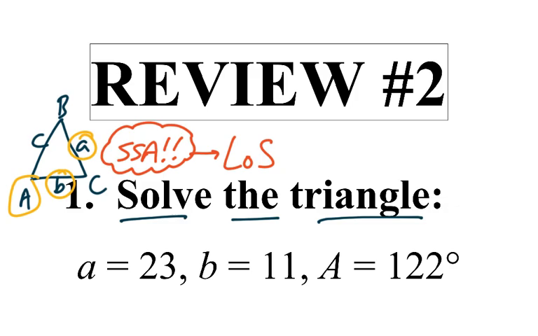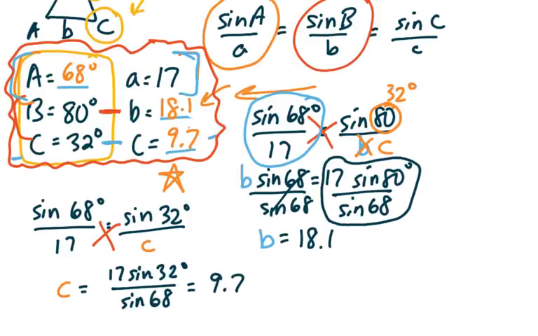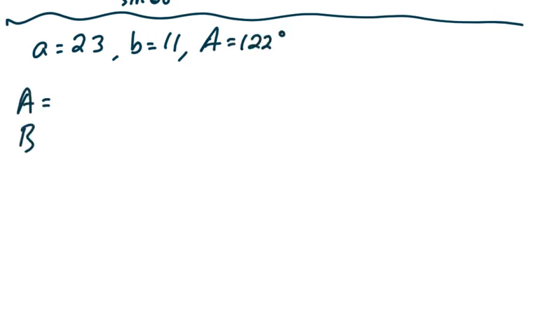Let me get another blank page for you. Do I have space here? I do have a little space. All right. So on this one, we were given A is 23, B is 11, and angle A is 122. I'll make my little table here, box of answers.